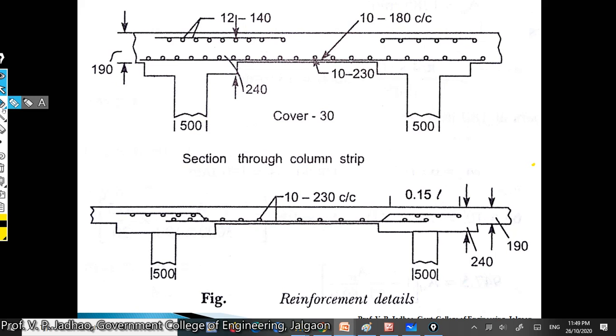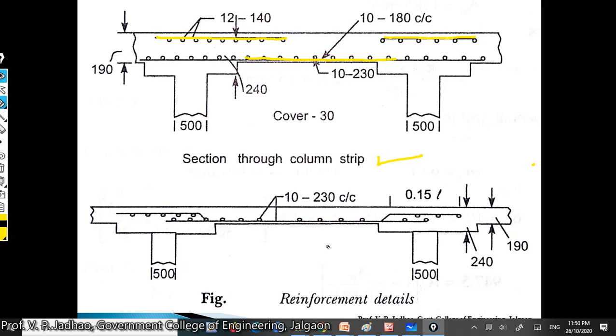This is the section through the column strip. We can see here negative steel, that is provided to resist the negative bending moment just above the column, whereas this is also negative steel for resisting negative bending moment, and this steel is provided to resist the positive bending moment.